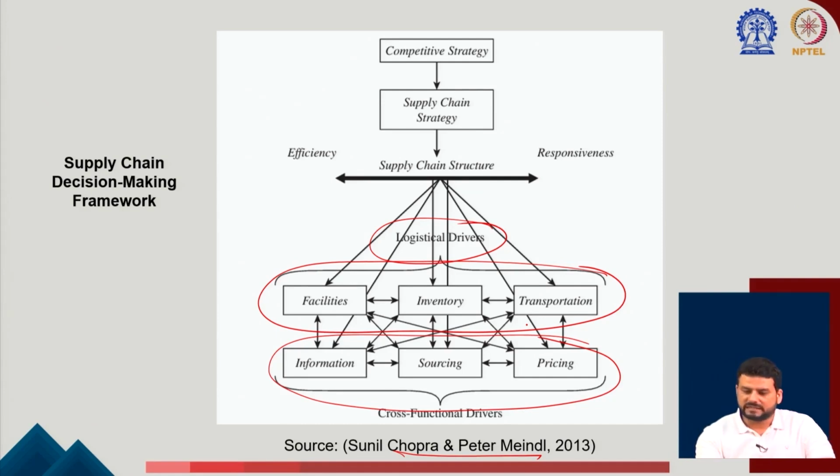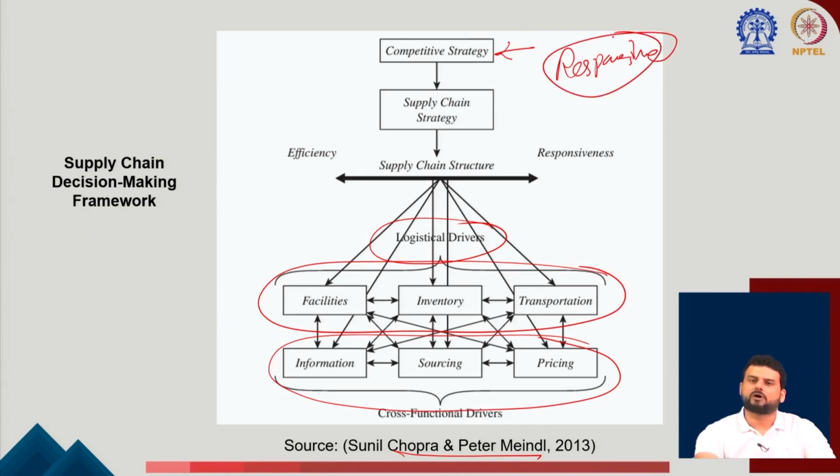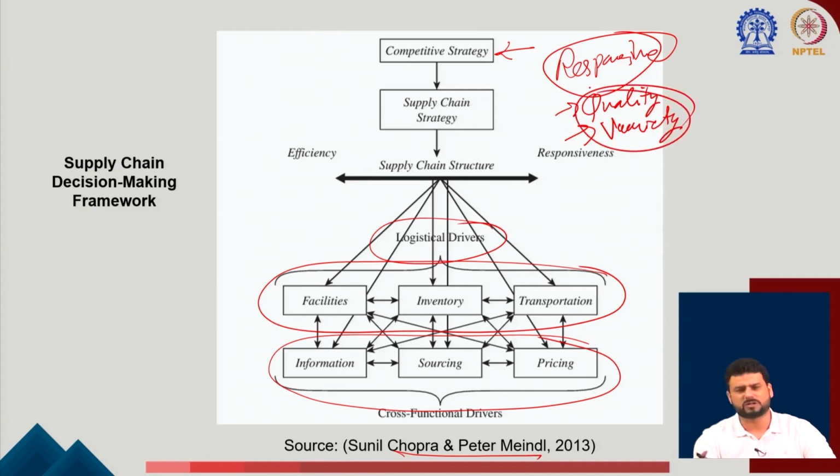So what is the ultimate target? Whatever competitive strategy you are opting for, maybe your supply chain should be responsive. Whenever a customer places an order, you want to deliver the order quickly, and whatever quality level he is expecting, you want to deliver that quality. Whatever variety he wants, you want to deliver all those features. So your supply chain strategy should target the responsive parameter, right?